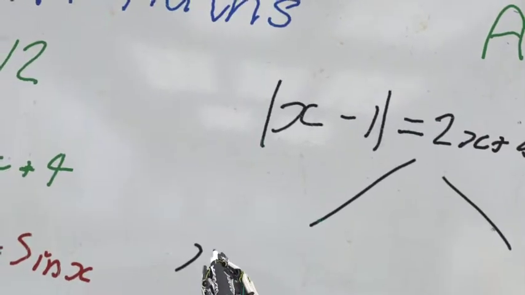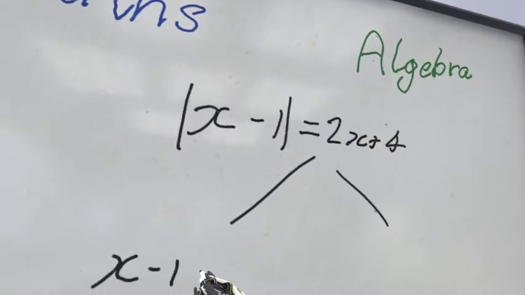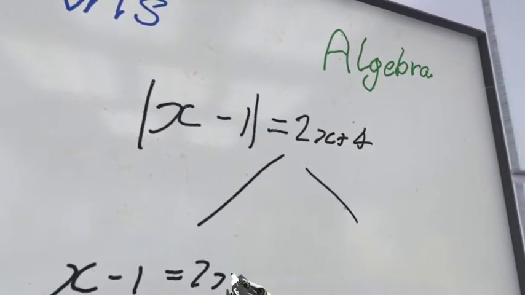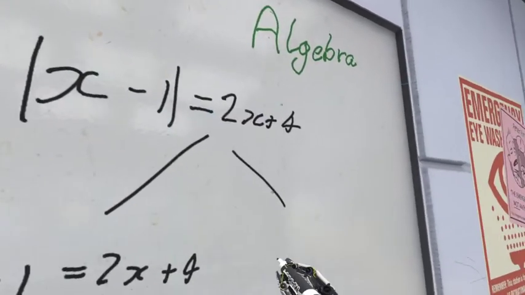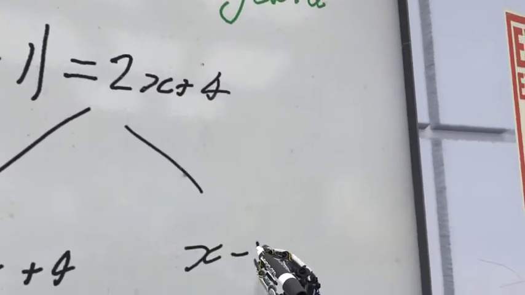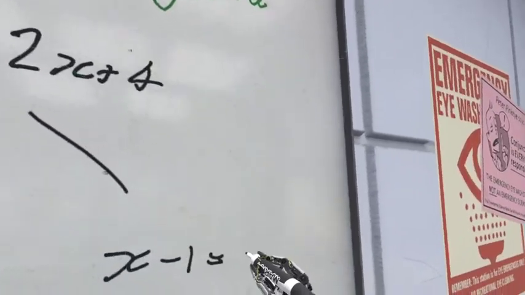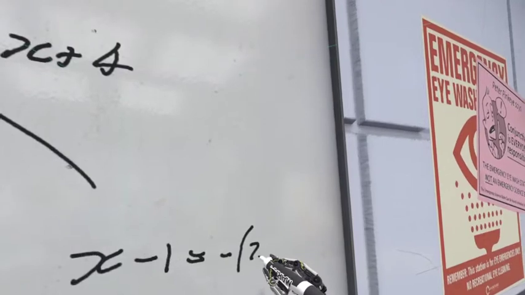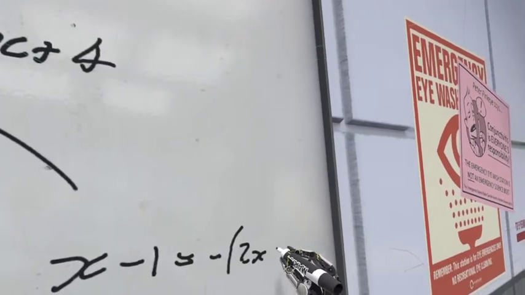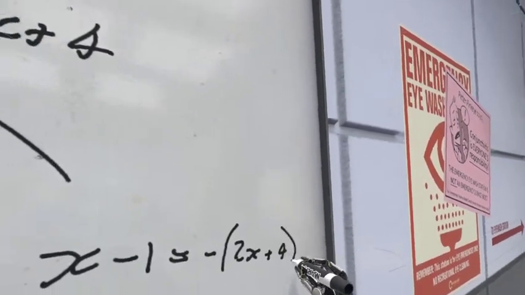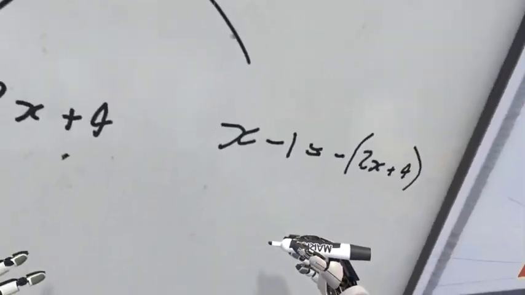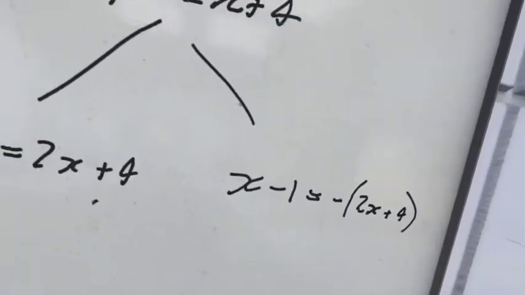So you've got x minus 1 equals 2x plus 4, and then x minus 1 equals, and then turn this whole thing into a negative 2x plus 4, and then solve both of those down the page and you get your two answers.